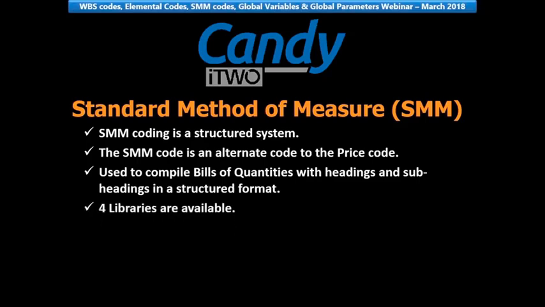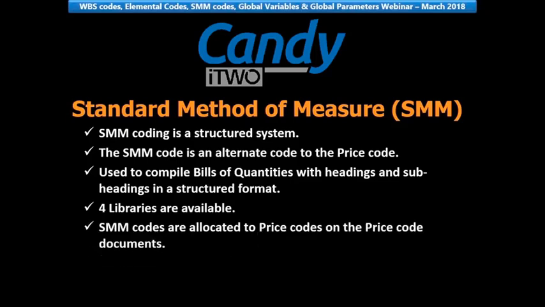CANDY has 4 libraries available. SMM codes are allocated to price codes on the price code document. The SMM code can be a maximum of 20 characters.